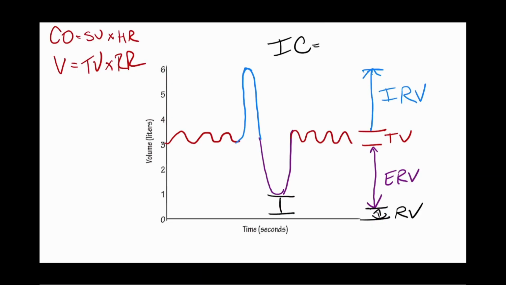That is inspiratory reserve volume plus your tidal volume, the amount of air that you can breathe in. So you breathe out, now breathe all the way in. All that air you breathe in, that is your inspiratory capacity. What volume of air can you breathe into your lungs?